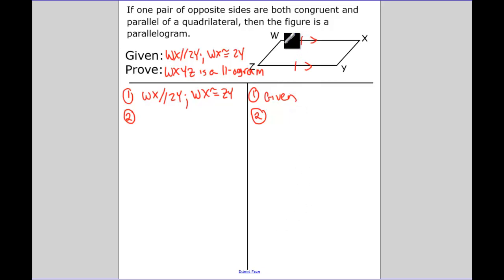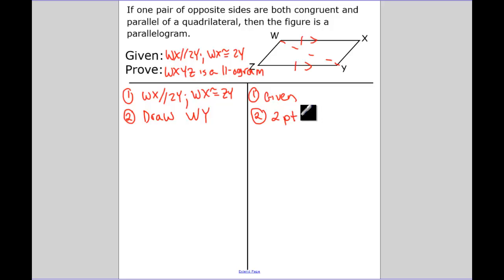If you draw in a line, sometimes you're going to have to draw in something. As long as there's a theorem that justifies it, I can draw WY. Now what theorem or postulate says that I can do that? Well, 2 points.